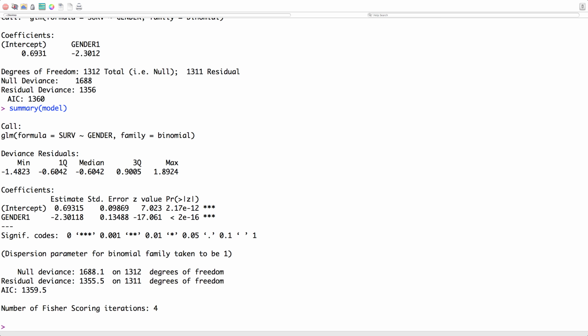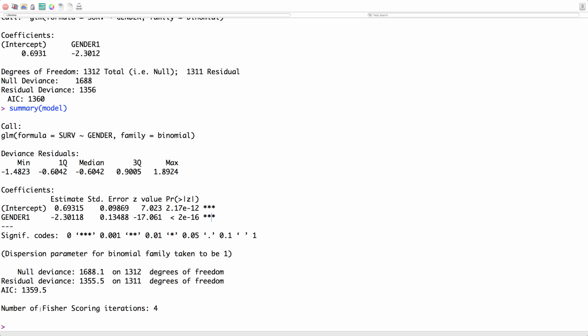And so anyway, we can get into the statistical significance of the coefficients. When we have one predictor, it's not that exciting, but next video we'll get into multiple predictors here. So guys, at the end of the day, gender is a statistically significant predictor of success.